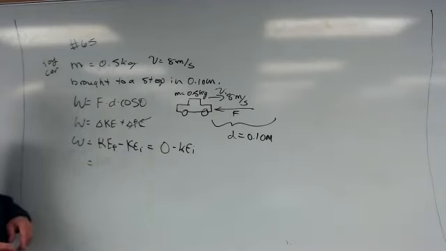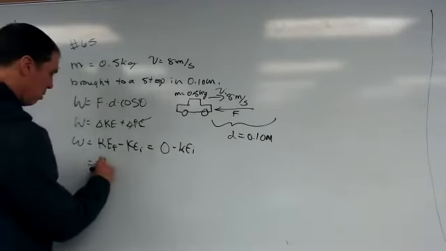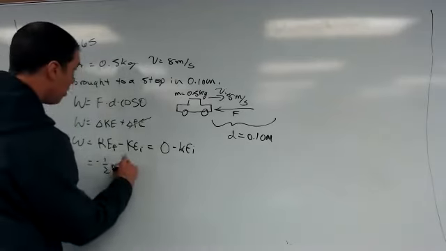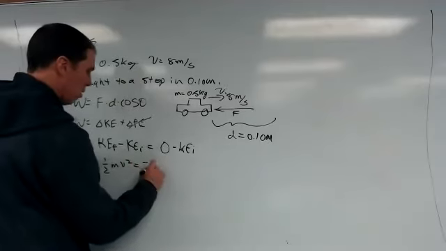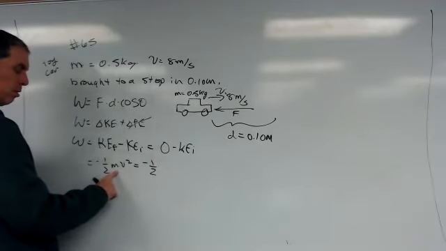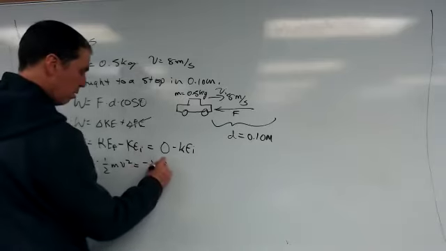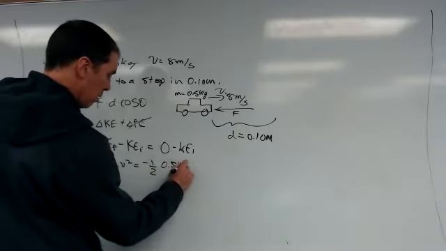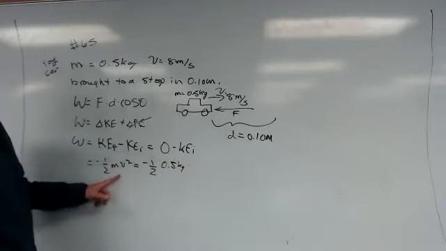What's this initial kinetic energy? What's the formula for it? So what do I put in for m? And what's its v?